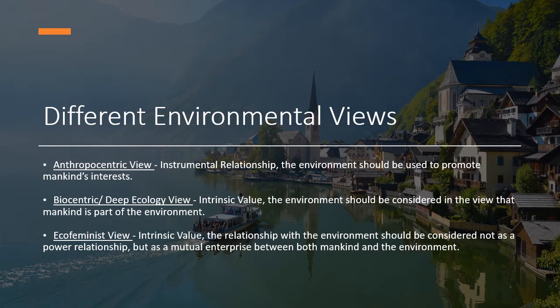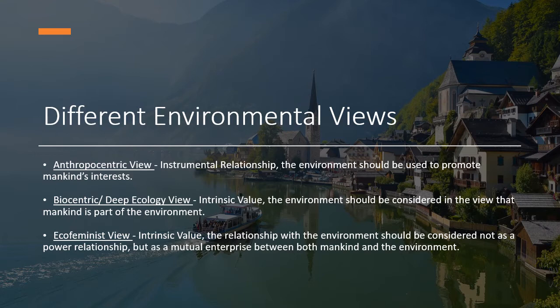The main part there is the first word, anthropos, taken from the Greek word anthropos, which means human. If you ever think about anthropology, for instance, that's the study of human beings. So the anthropocentric point of view says that human beings are at the center of environmental policy.